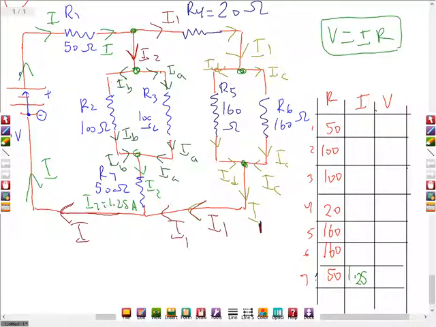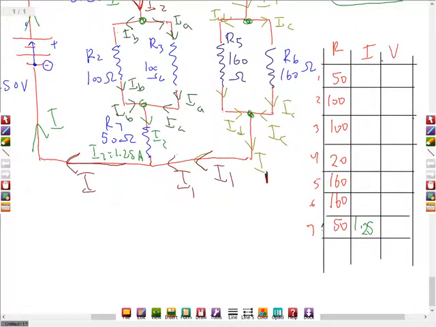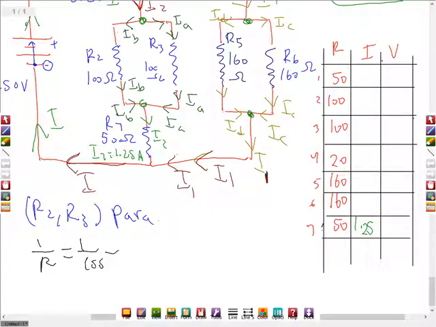First step, I have to simplify the circuit to find the main current. R2 and R3 are in parallel, so the equivalent is 1 over R equals 1 over 100 plus 1 over 100, which is 2 over 100.